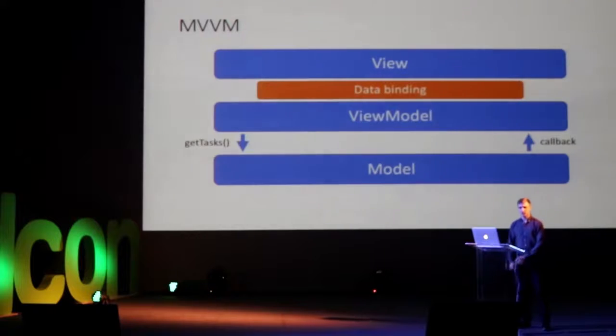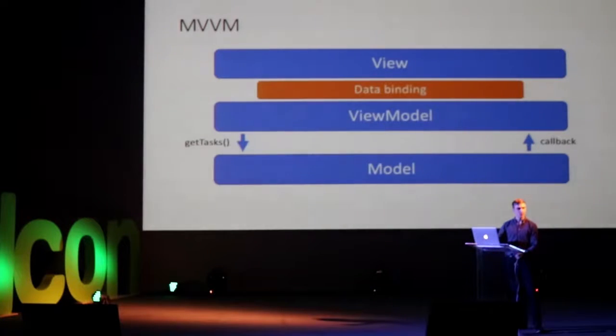A simple example is a to-do app where you have a view model for tasks, and when that calls get tasks, the view model sets a variable isLoading to true. Through the data binding library, that sets a spinner visible on the view.